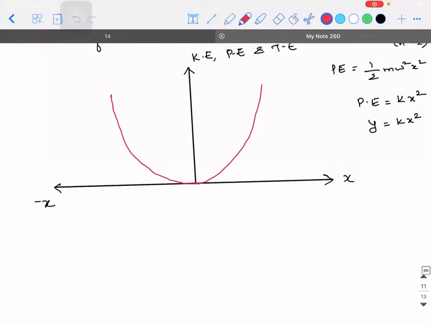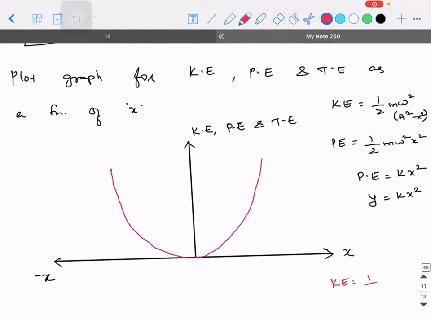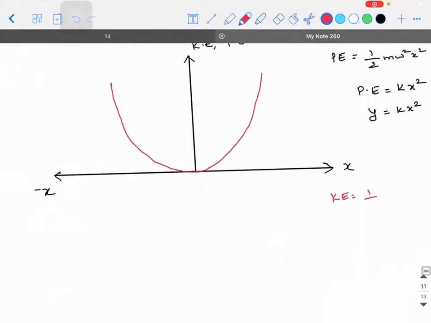If you take kinetic energy, I've already written the expression: half m into omega square into a square minus x square. So this is also a quadratic equation, but the coefficient of x square is negative. If I expand and write kinetic energy, it is half m omega square a square minus half m omega square x square.